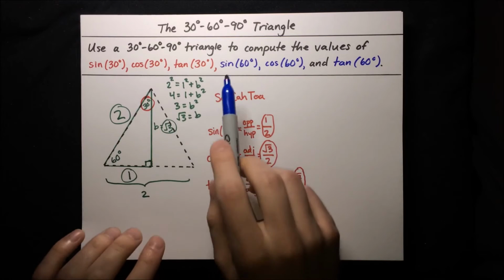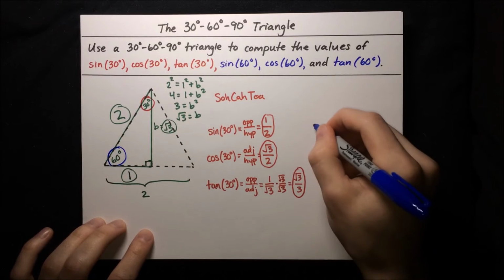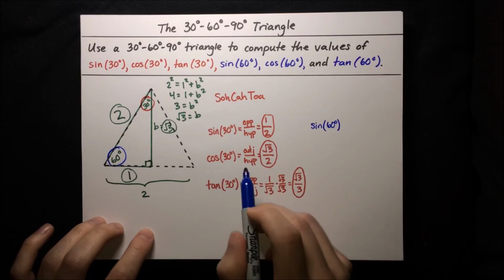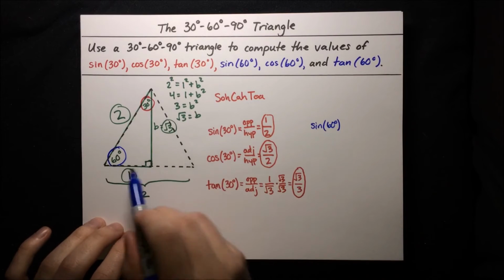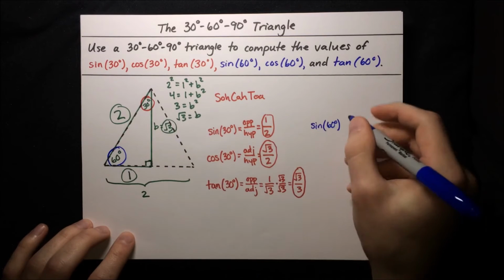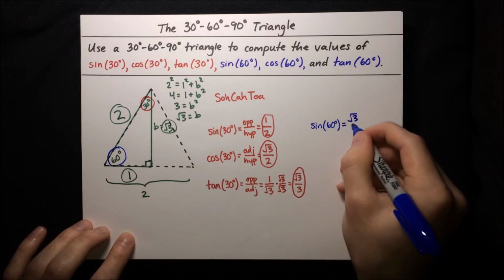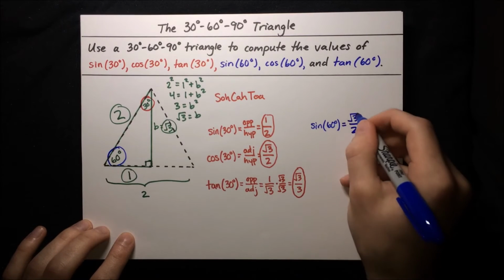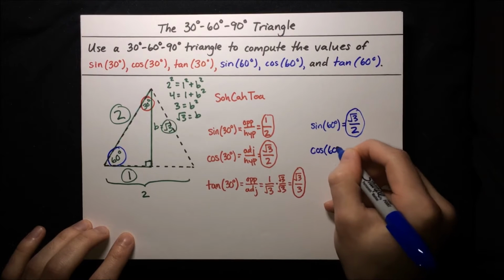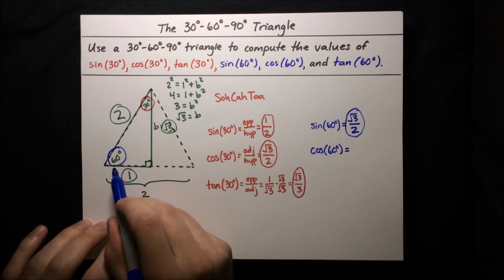Now we can do the same thing for 60 degrees. That's this other angle here. So sine of 60 degrees is going to be equal to opposite over hypotenuse, but for this angle, 60 degrees. So now root 3 is the opposite one. So root 3, and then hypotenuse is 2. And then cosine of 60 degrees is just adjacent over hypotenuse.